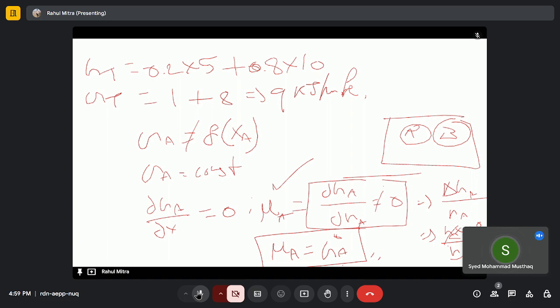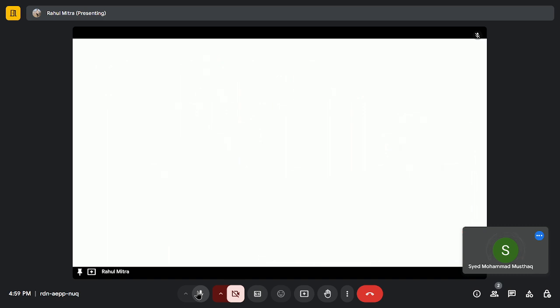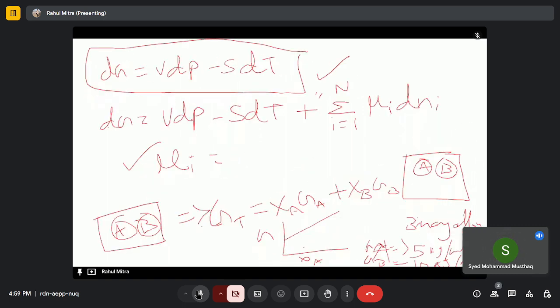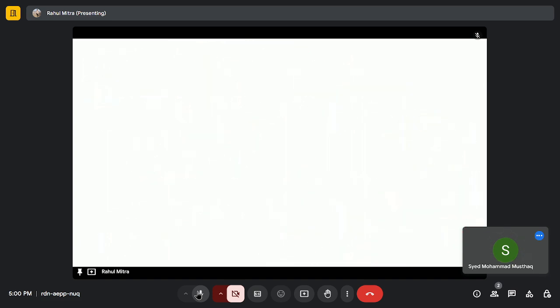So far so good. So now let's move on to this equation. Let's write that equation. Let's say dG dash per mole.